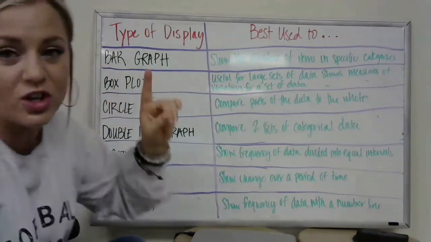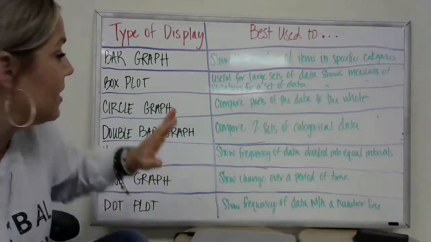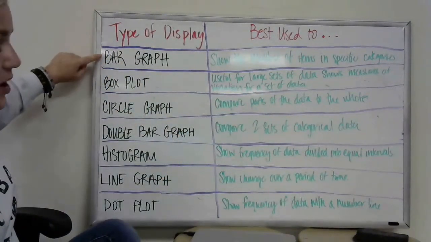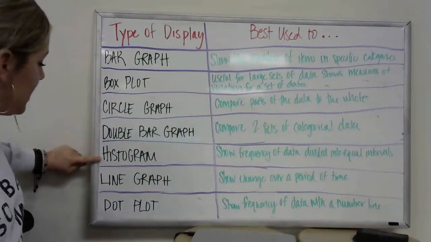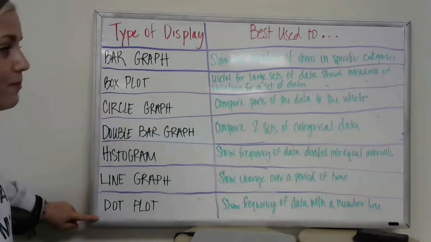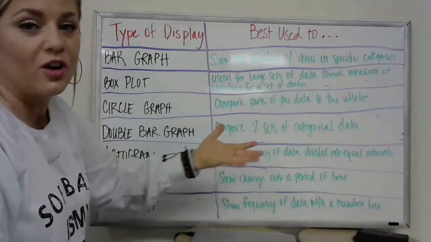Let's just look at this really quickly before we start on our scenarios. Here are the types of display: a bar graph, box plot, circle graph, double bar graph, histogram, line graph, and dot plot. Then this tells what each is best used for.